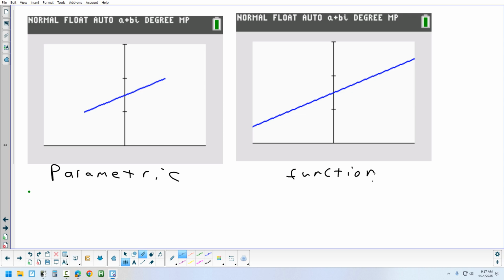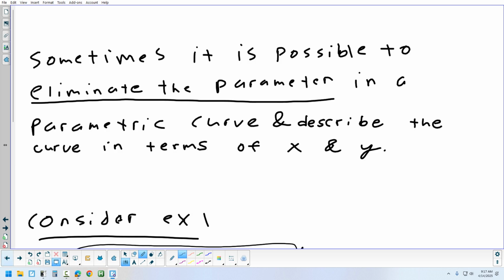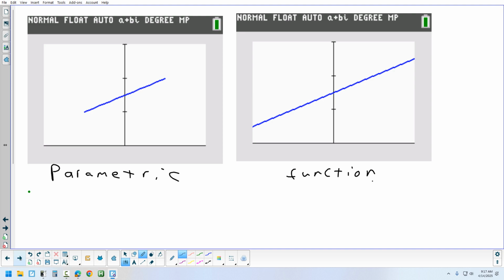So we need to add something to this function. We need to add a restriction to it. We need to actually stop the graph from drawing, because this is going forever. Even if I zoom in on it, so all you see is that part, it still means it's drawing it outside the window.